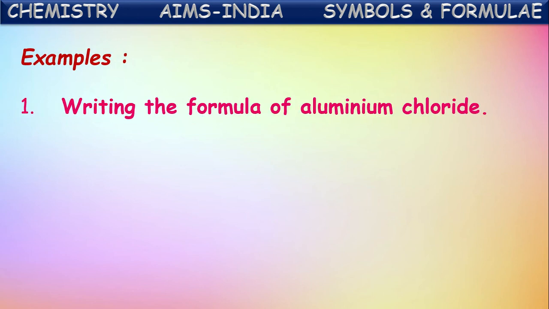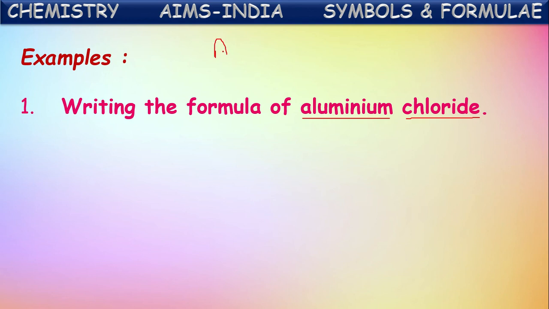Let us try to understand these steps by taking certain examples. See the first example: let us try to write the molecular formula of aluminium chloride. So here the positive ion is from aluminium, and the negative ion or anion is from the chloride ion. How do we know? By knowing the atomic numbers of these elements.